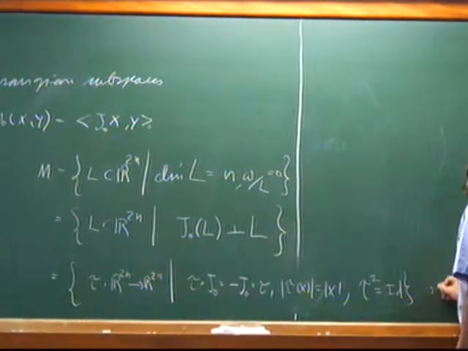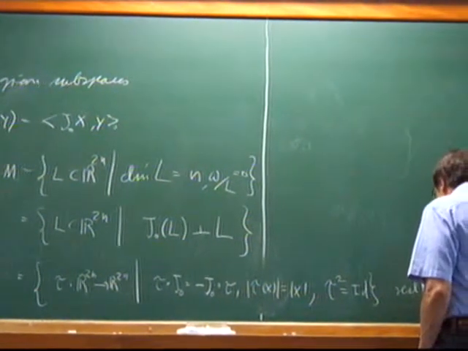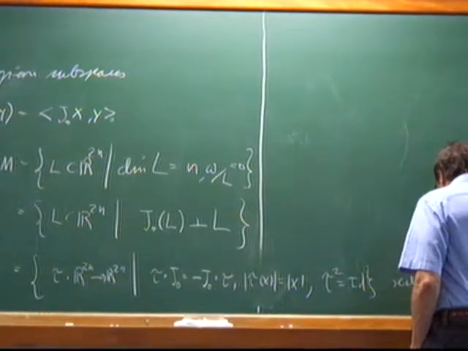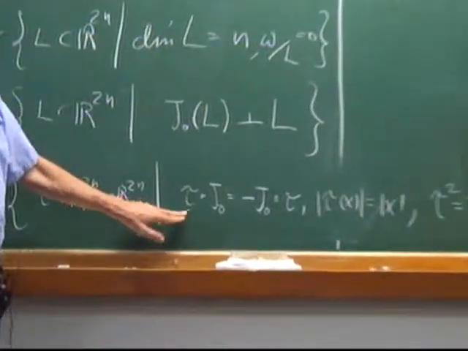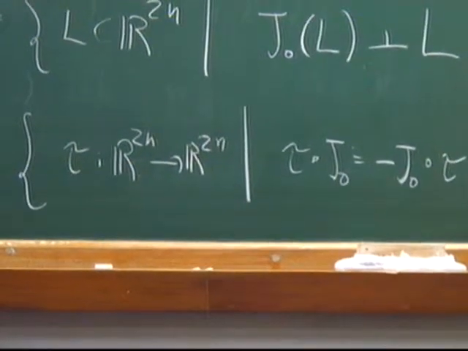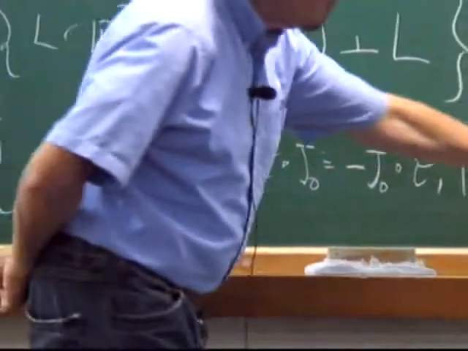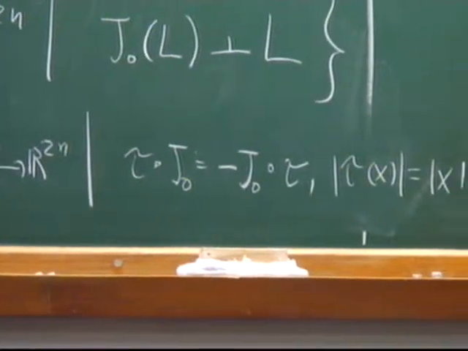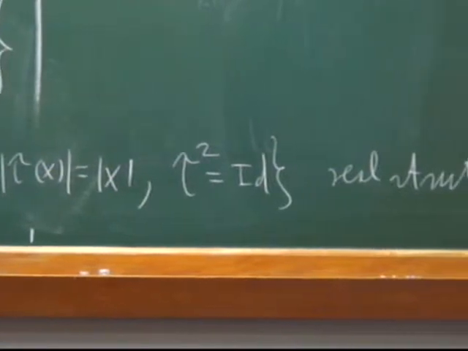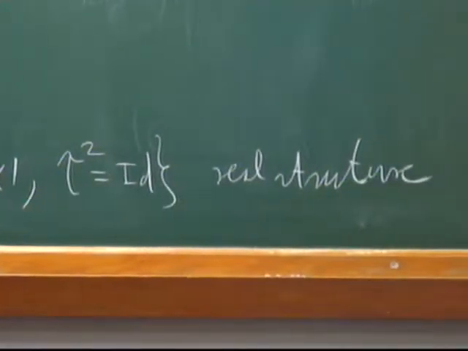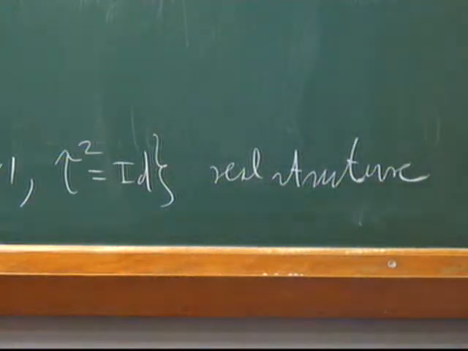Such taus are called real structures. So this means complex antilinear: they're not complex linear, they're complex antilinear isometries and they're involutions. And these are important in representation theory. I'm not going to discuss this relationship, but if you know the representation theory, this might be interesting for you to understand. It's in the notes.